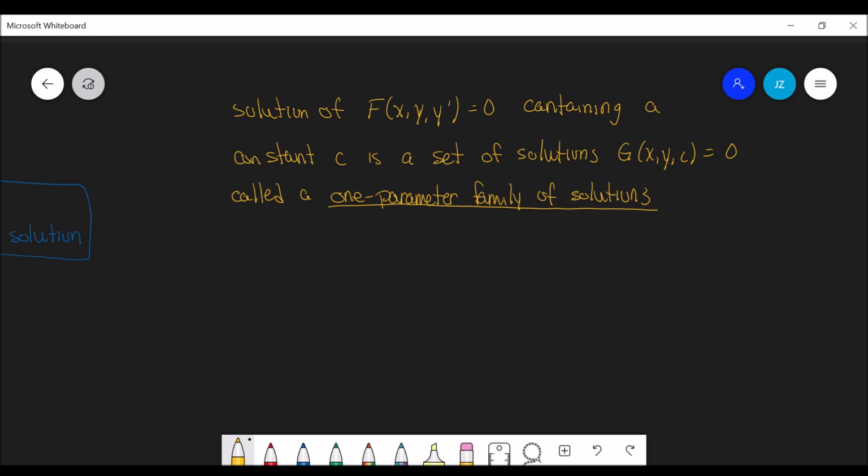If we're solving an nth order differential equation, f of x, y prime, and so on up to the nth derivative equals 0, we get an n parameter family of solutions.